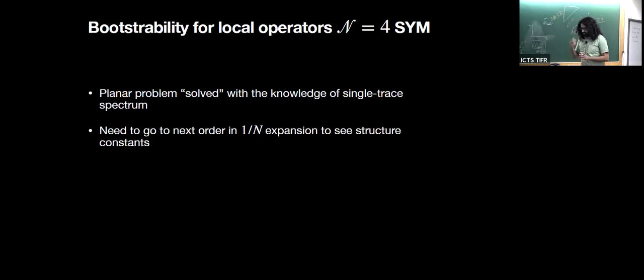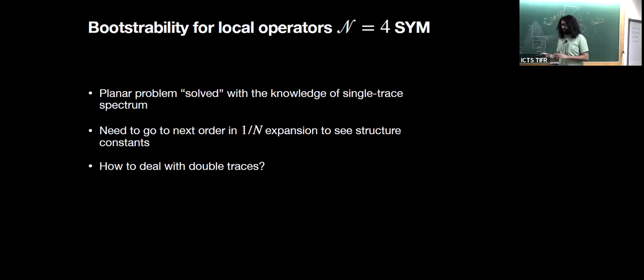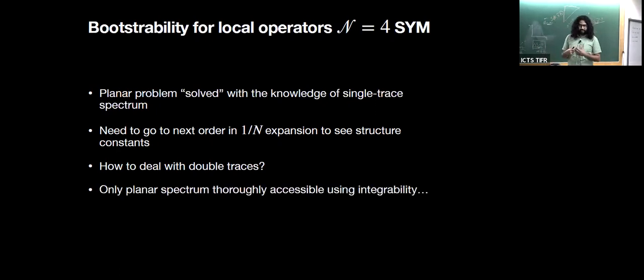Nevertheless, if you want to get non-trivial information about four-point functions, you actually need to go to the next order in the 1/N expansion. And what this means is that double traces enter the game, and double traces is something which, at least in integrability, we don't have very sophisticated techniques yet to deal with. So this is something which we need to think about.